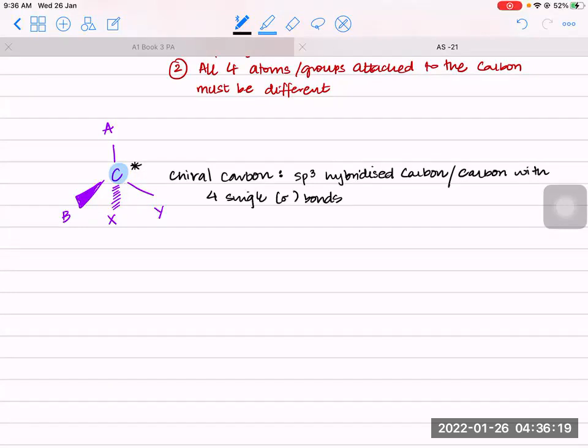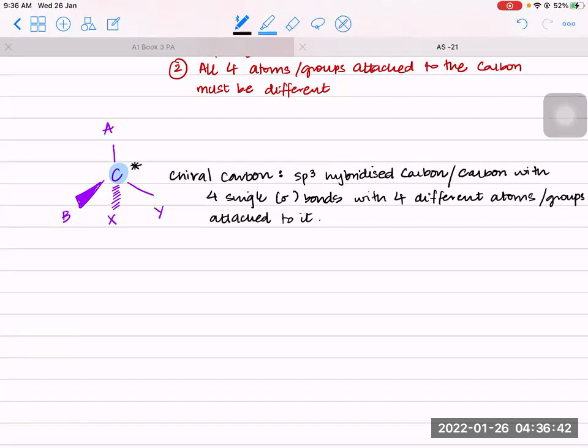So it's an sp3 hybridized carbon with 4 different atoms or groups attached to it. Yes? So you have a carbon with 4 sigma bonds or 4 single bonds with 4 different groups attached to it.